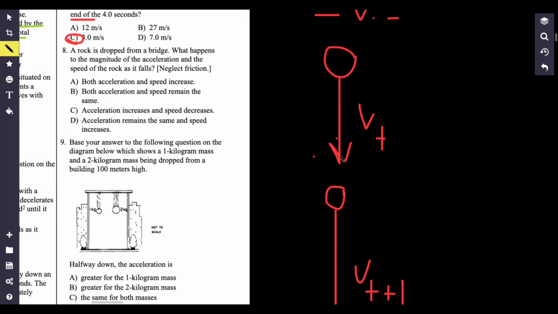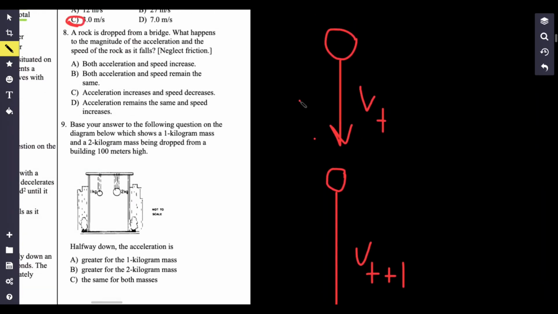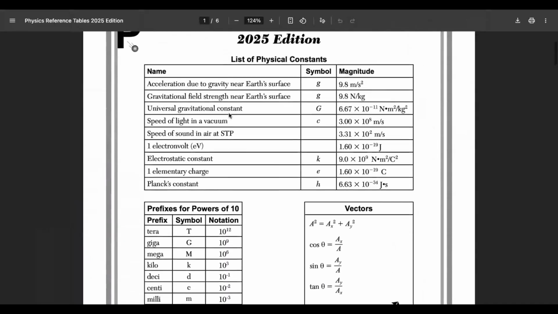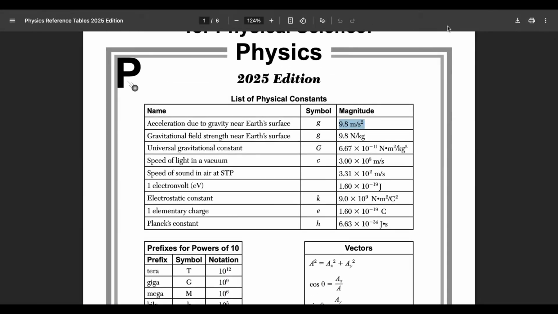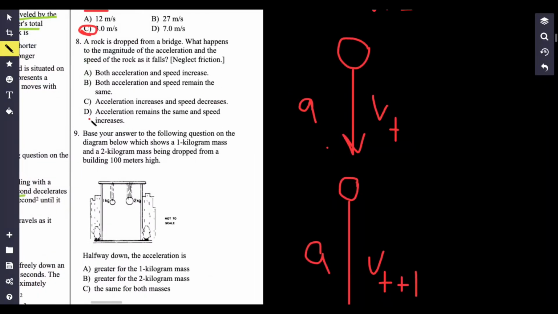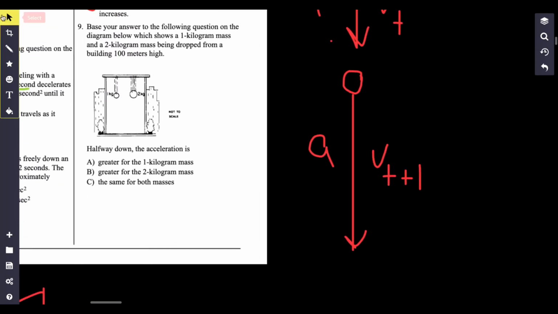Notice how the object is getting faster, but the acceleration due to gravity stays constant, right? The acceleration due to gravity is constant. It's 9.8 meters per second squared. So acceleration remains the same, but the speed increases. So D would be the answer choice there.